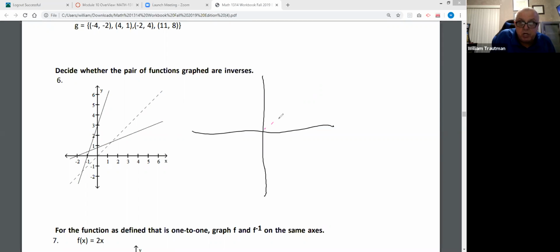This is my y equals x line. Okay, so here's one function. Let's say this is the function. And then I want to do another function in blue.